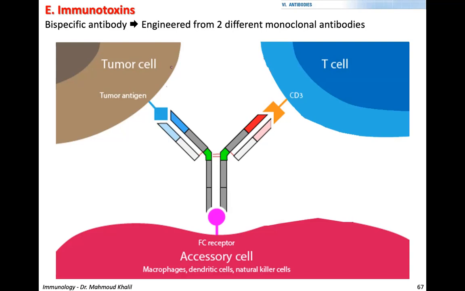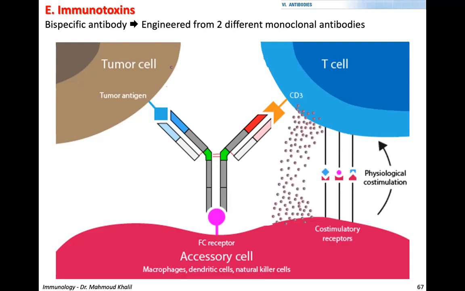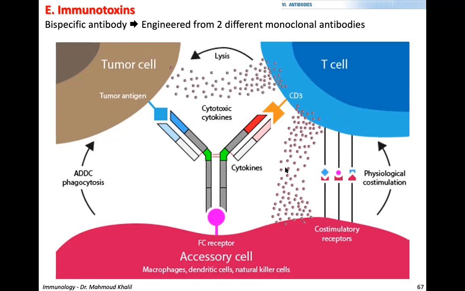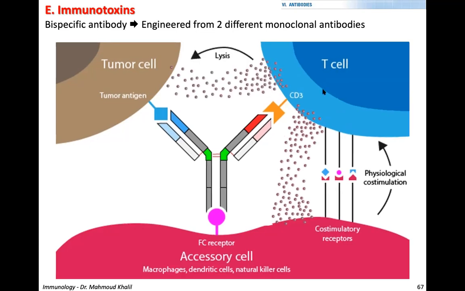In this scenario, when all these bindings occur, this will activate the process of binding between the dendritic cell or the antigen-presenting cell with the T cell, which will lead to physiological stimulation of the T cell to be activated. And hence, once it is activated, it will secrete factors that lead to the lysis, especially if it's a cytotoxic T lymphocyte.